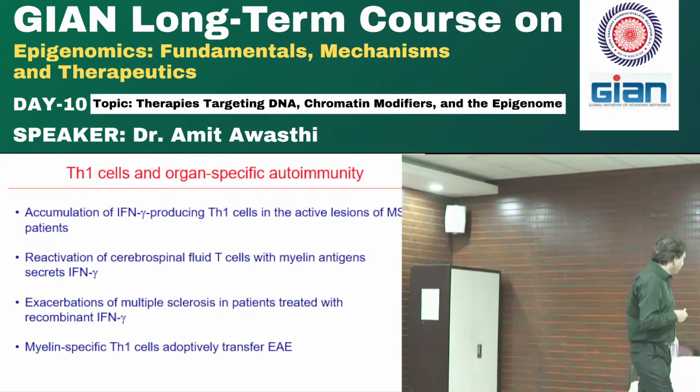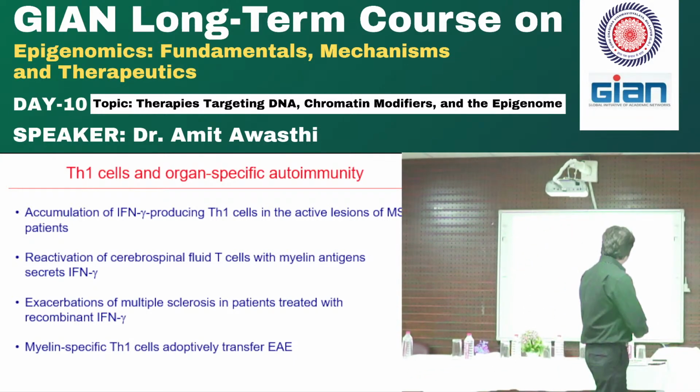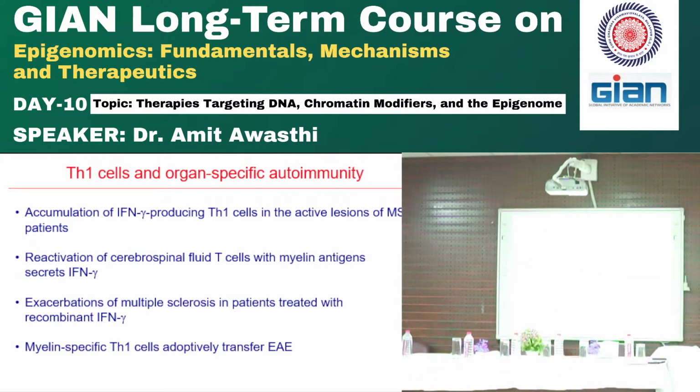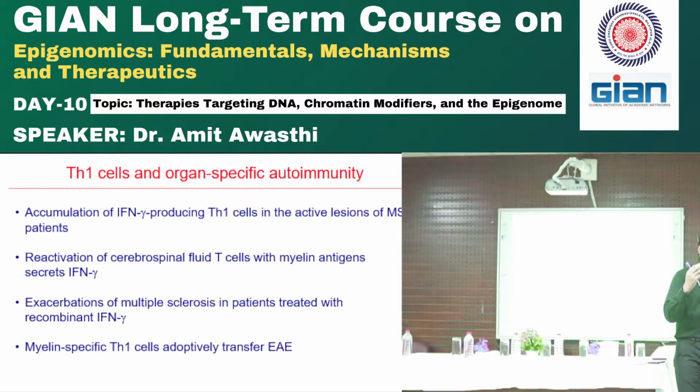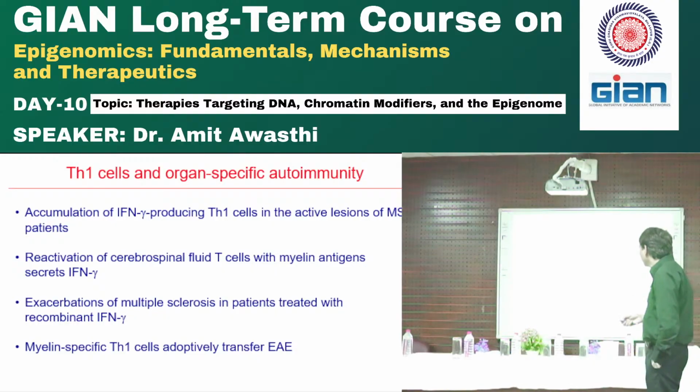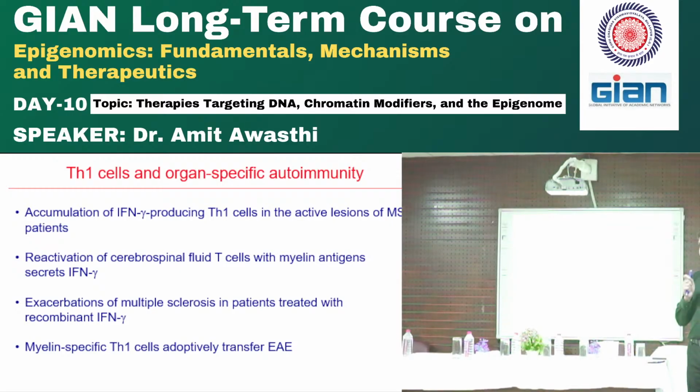When a patient goes to a clinic, to a doctor, particularly in the US and developed countries, they have different tools. They can peek into your brain because of those instruments. What they found was an accumulation of interferon gamma producing TH1 cells in the active lesions of multiple sclerosis patients.